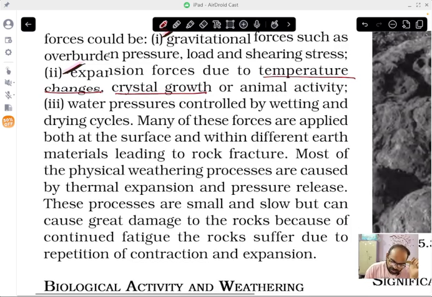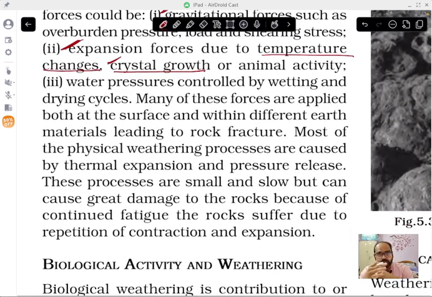See, expansion due to crystal growth means in coastal areas, the rocks or earth materials are continuously hit by the sea waves. Okay, so whenever the sea waves hit the rock, the seawater enters into the pores of the rocks, or holes in the rocks.